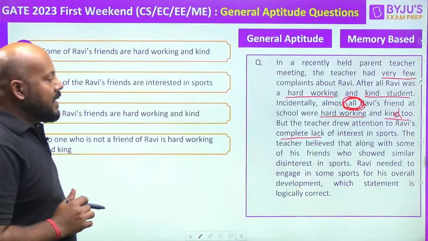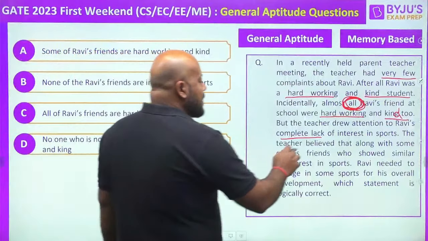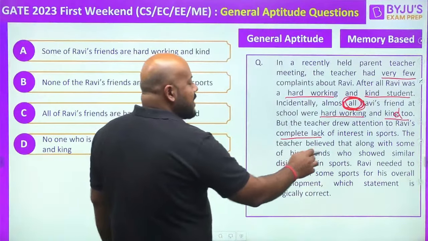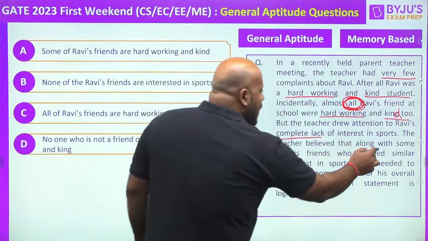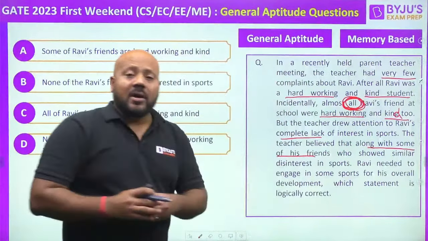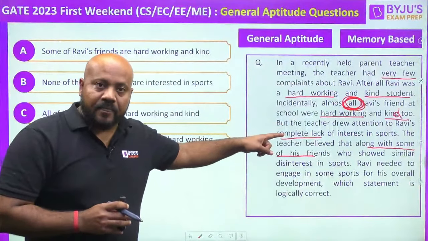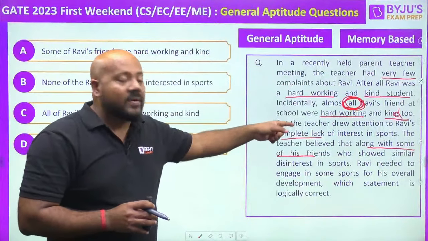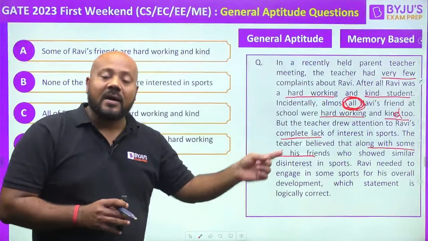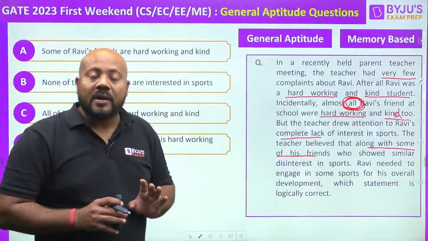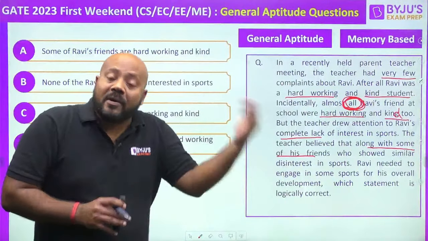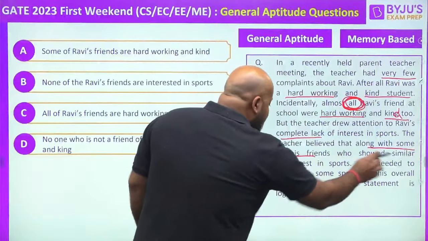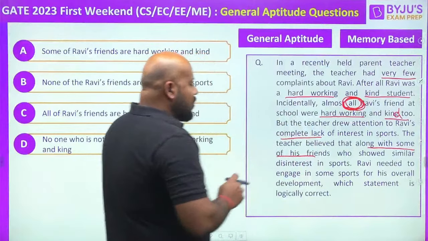The teacher believed that along with some of his friends who showed similar disinterest in sports, it means all of Ravi's friends are also hardworking and kind, but some of his friends, not all, are also disinterested in sports. It means some of his friends are interested in sports. Now, Ravi needed to engage in some sports for his overall development.